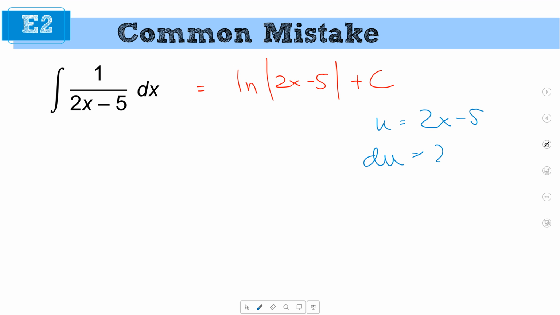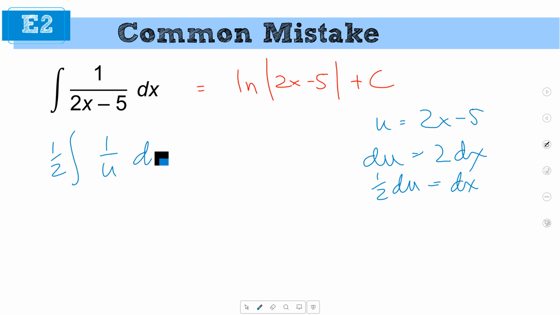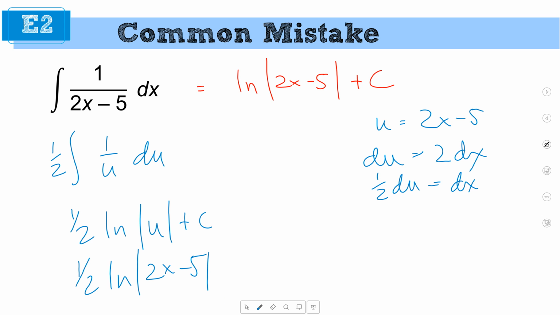So du is equal to 2 dx. So dx is equal to 1/2 du. This becomes the integral of 1 over u with a 1/2 out in front du, which then gives me 1/2 times the natural log of the absolute value of u plus c. 1/2 times the natural log of the absolute value of 2x minus 5 plus c.